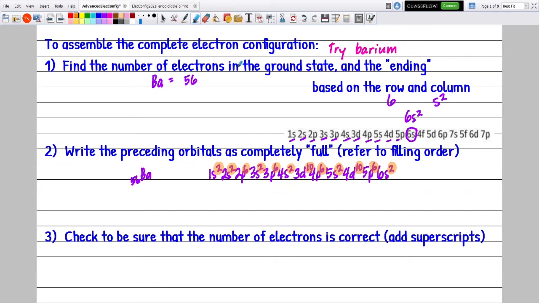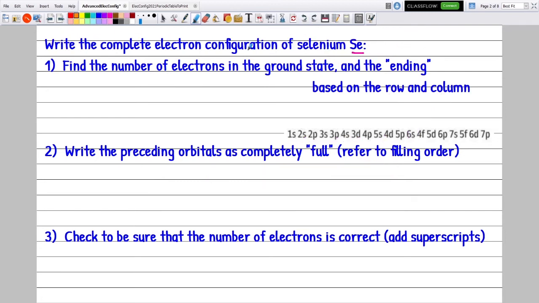So let's try another element now. This time, let's try selenium, a nonmetal. Let's locate that on the periodic table, find out how many electrons it'll have in the ground state, and also use the periodic table to find the ending.